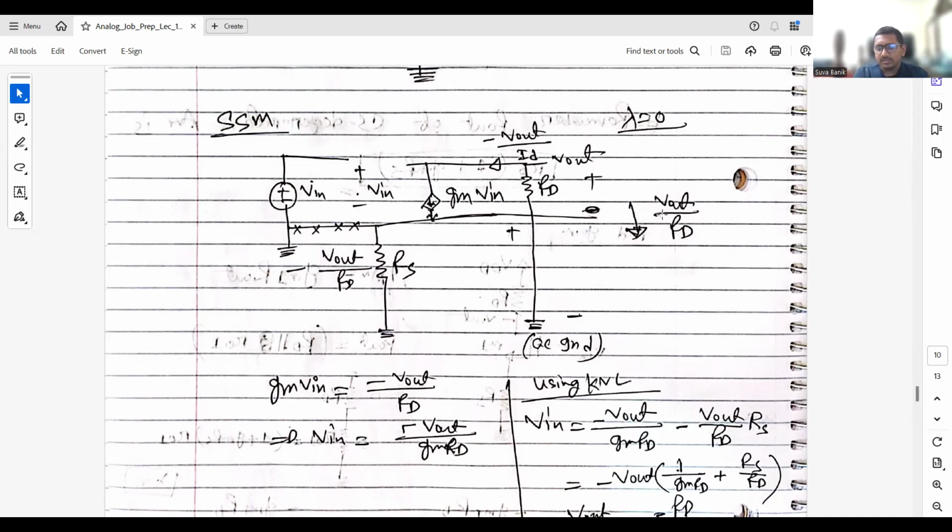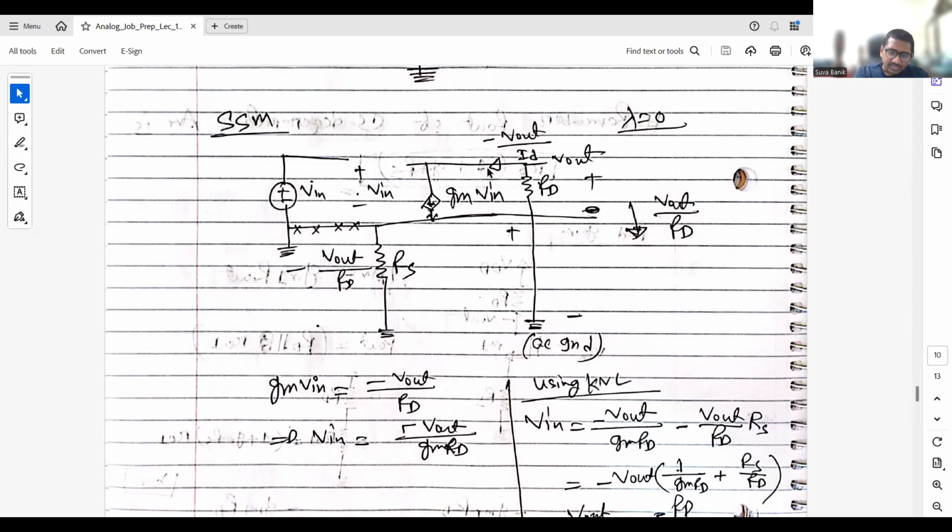You can see the symbol here, the current goes downward. So current ID is V out divided by RT, from Ohm's law. If V out by RT goes downward and is positive, the same current will also go in the left side.